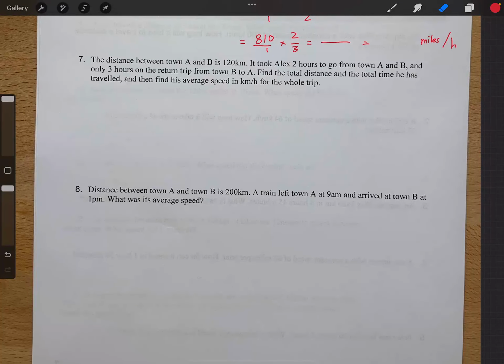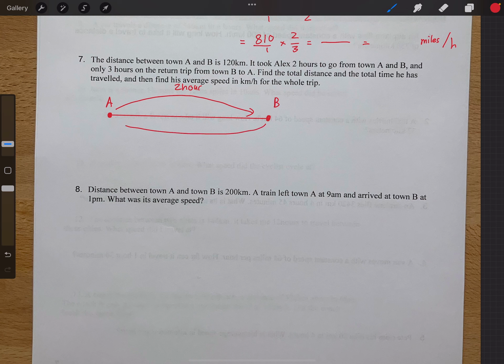Question 7. It says the distance between town A and town B is 120 kilometers. It took Alex 2 hours to get from town A to town B. So imagine you have here town A, and here is town B. So Alex took 2 hours to get from town A to town B, and only 3 hours on the return trip from town B back to town A. Find the total distance.